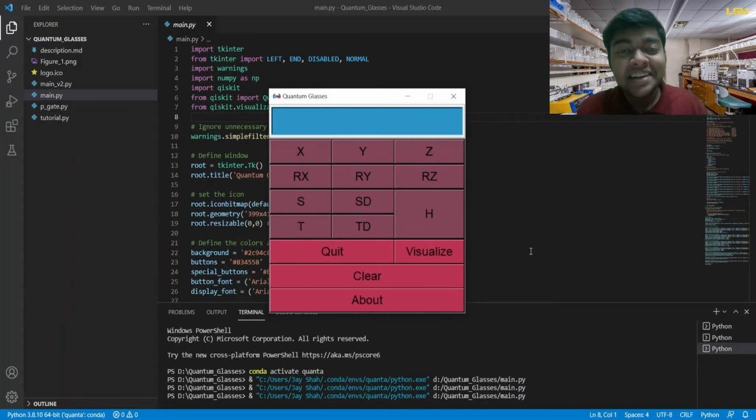So our identity number 3 is Y equal to iXZ, where Y, X, and Z are all Pauli gates, and i is the imaginary unit from complex numbers. All right. So let's first visualize the LHS of this identity.